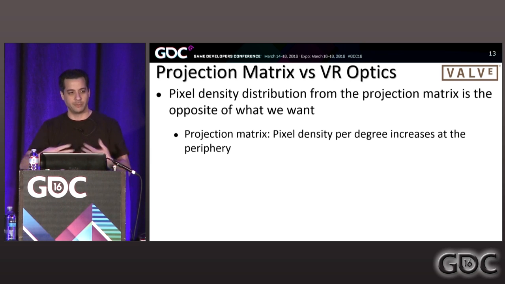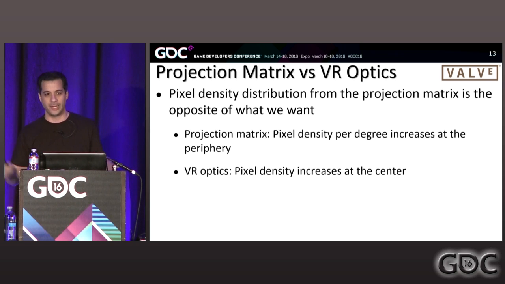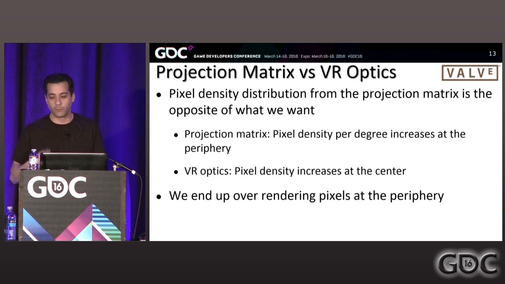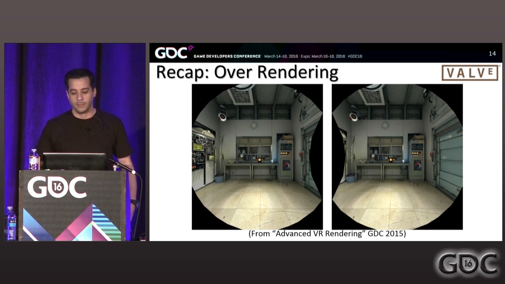If you think about how a projection matrix spreads its pixels out, the VR optics want all your pixels in the center and very few pixels per degree at the periphery. So you're actually rendering the opposite pixel density that we want to show on the panels ultimately. We are over-rendering pixels at the periphery without question by a lot, potentially 2x or even more depending on the optics. So let me just recap.